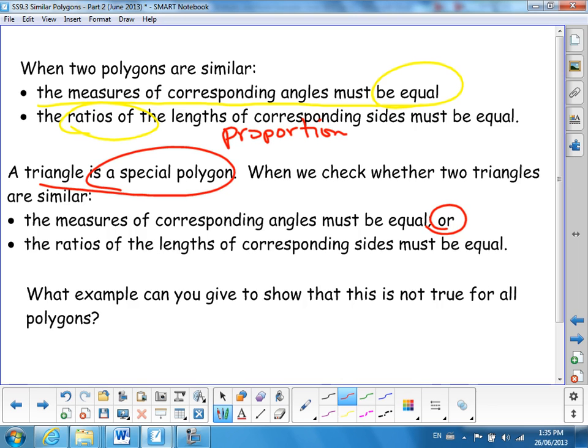With a triangle, we can have the angles equal, or we could have the corresponding lengths in proportion. We can have one or the other. We don't have to have both. Just the way a triangle is made, if the angles are equal, then the sides will be in proportion. Or if the sides are in proportion, then the angles will be equal.